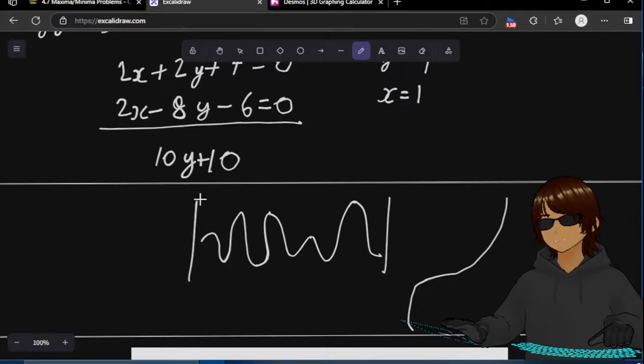So this here would be a global maxima in this entire interval. This would be a global minimum in this entire interval. So this would be local minimum. These here would be local maximum.